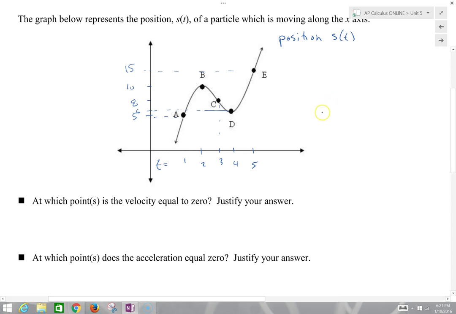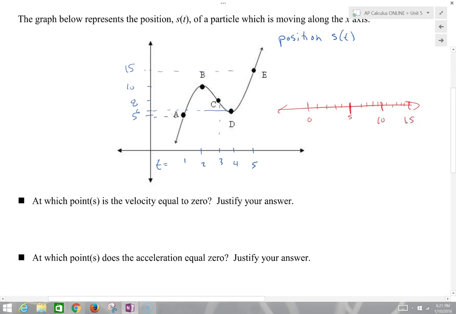Over here, we just have an x-axis, and we've got 1, 2, 3, 4, 5, 6, 7, 8, 9, 10, 11, 12, 13, 14, 15. So here's 0, 5, 10, and there's 15.